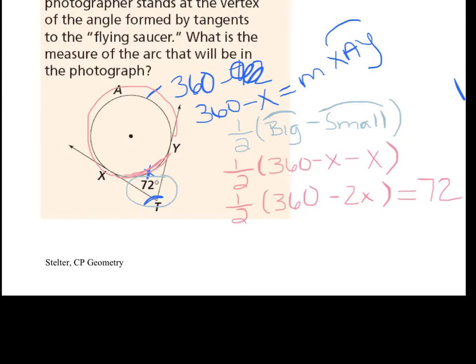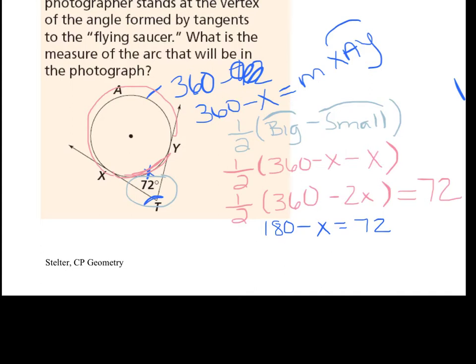But in this case, it would work out just fine. So this would be 180, because 1/2 of 360, minus x, because 1/2 of 2x is 1x, equals 72. So from here, depending on what you want to do, you can subtract 180 and have two negative numbers, or you can move the x and then move the 72. I'm just going to keep it to one step.